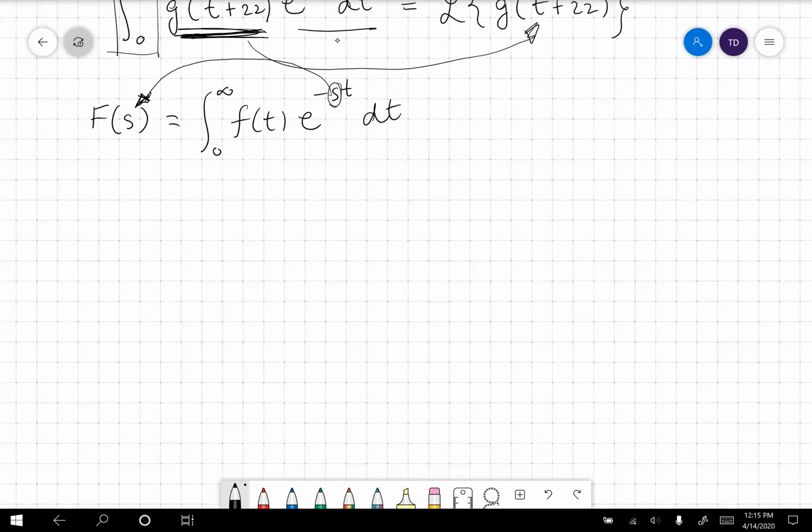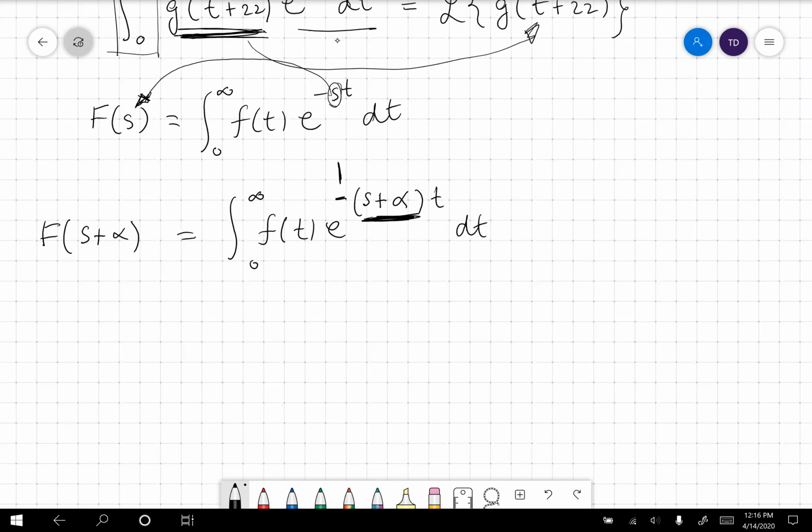I can do the following: if I have the integral from 0 to infinity, f of t times e to the minus (s plus, let's do something cool like alpha), s plus alpha, all times t, dt, that must be equal to F of s plus alpha.